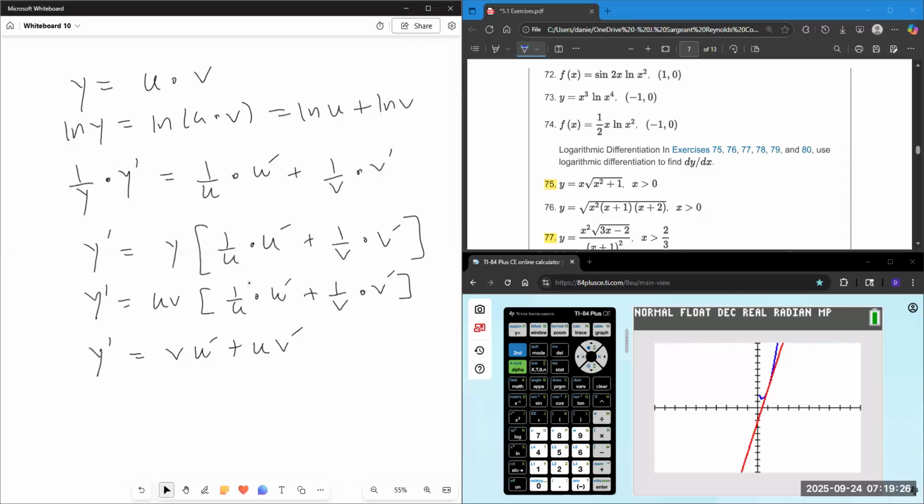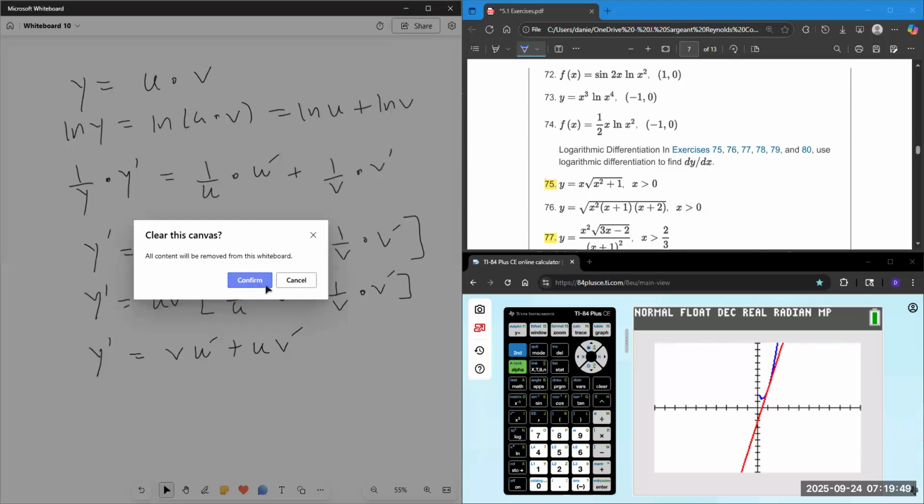And I write u prime v plus v prime u and tell you that it's the same thing. But this is why they write it this way, because they're using this logarithmic differentiation to get to it. And when they do that, they're writing their multipliers first because of this technique. Let's look now at the quotient rule.